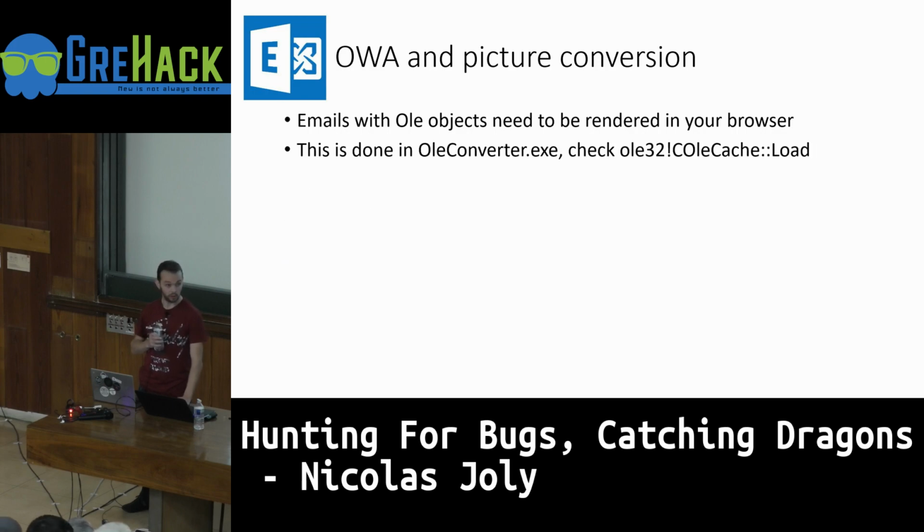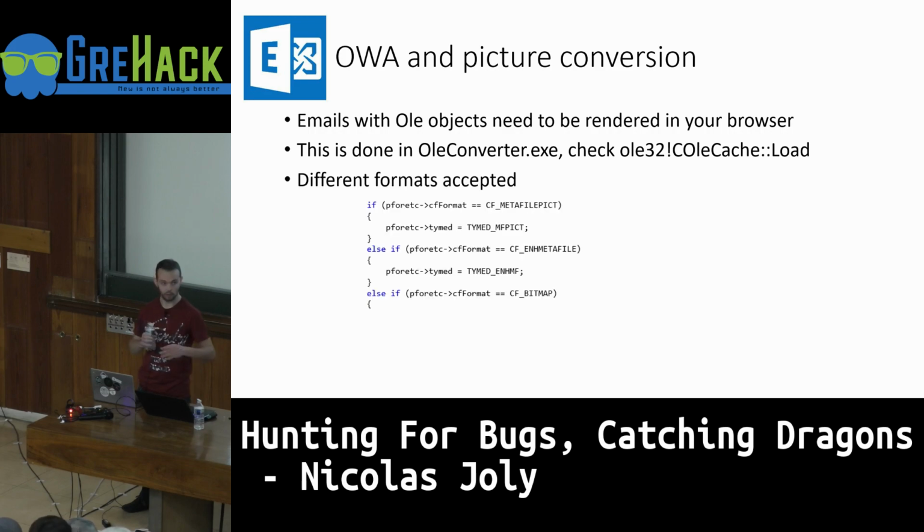This is done in Joly converter.exe on the Exchange server, and what you want to check is the code in Joly32 that does that. It basically parses 3 different clipboard formats: the metafiles, WMF and EMF, and the bitmap file format.